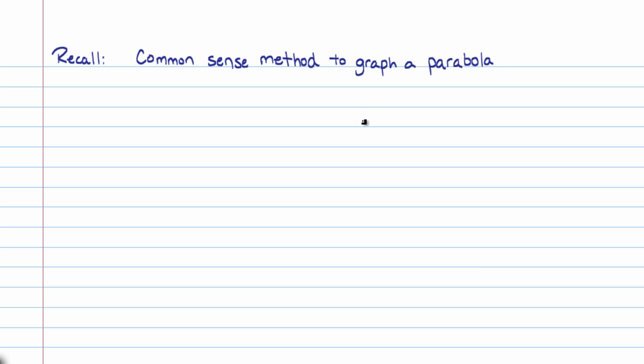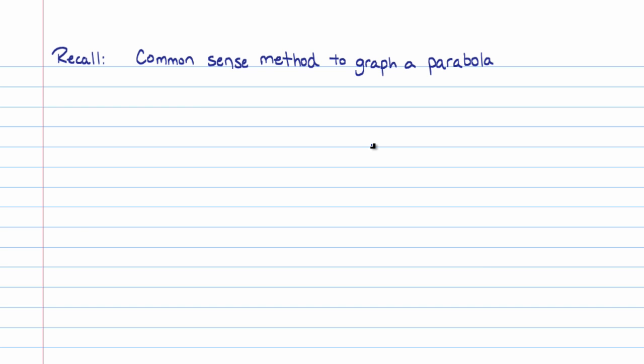What we're going to do is start by recalling the common sense method to graph a parabola. What I mean by the common sense method is that most textbook authors and instructors teach a method to graph a parabola that requires the student to make a huge leap of faith. It usually involves something called completing the square and transforming a quadratic equation into vertex form, which we'll talk about in a moment.